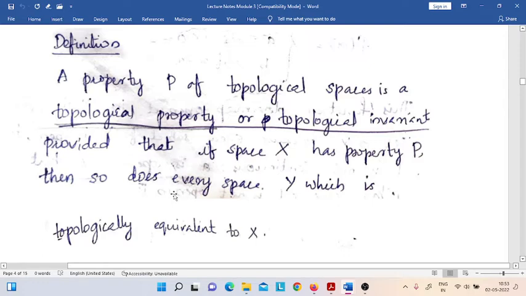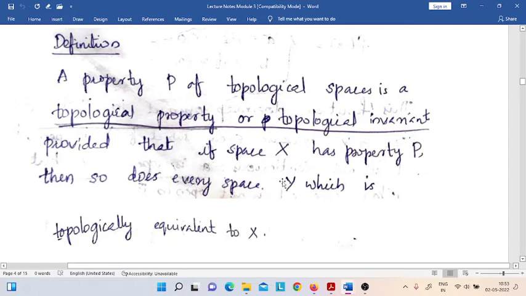So X is the first space which is given, and that space has the property P. It is also given that the second space Y is topologically equivalent to X. That means there exists a homeomorphism from X to Y. And when there exists a homeomorphism from X to Y, it's topologically equivalent.